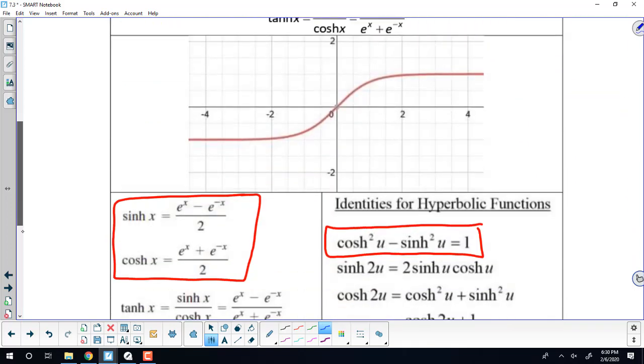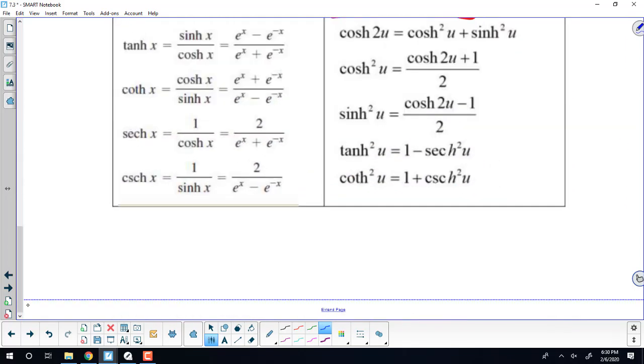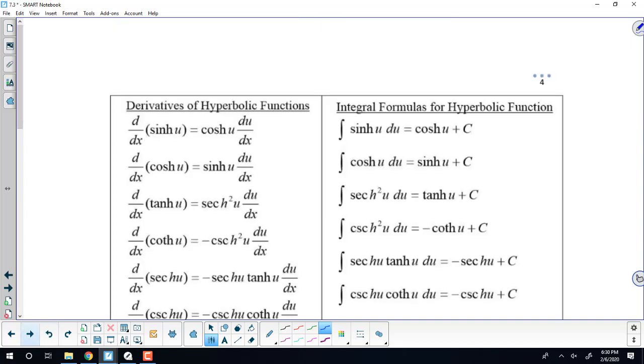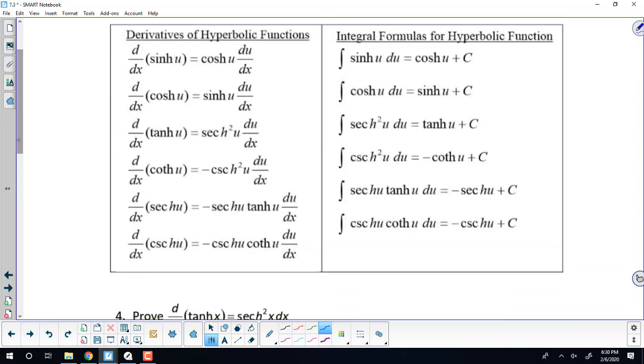As far as the derivatives and the integrals go, there's only a few of these that you should remember for the exam. Those would be the derivatives for hyperbolic sine, cosine, and tangent.